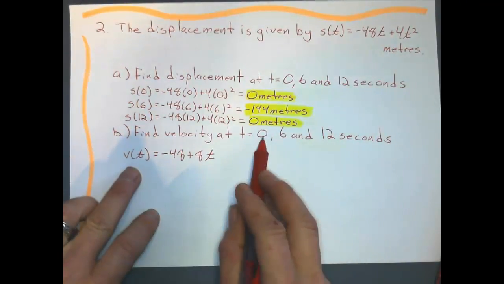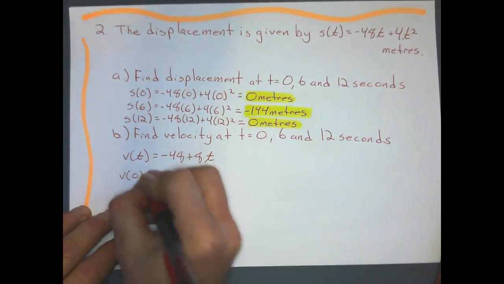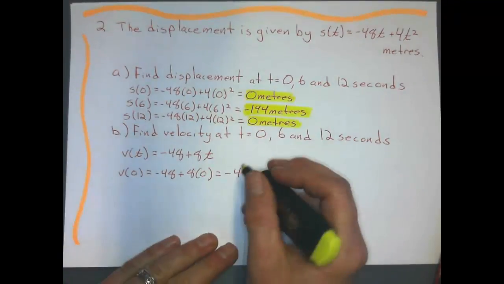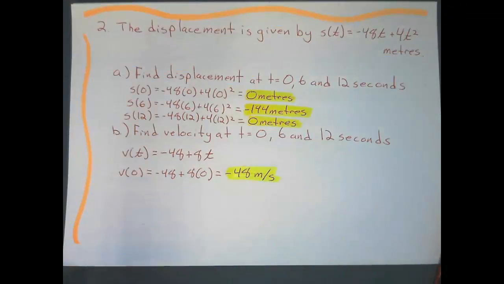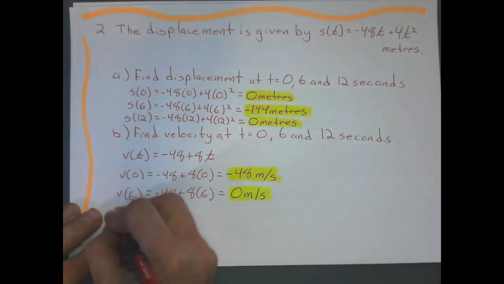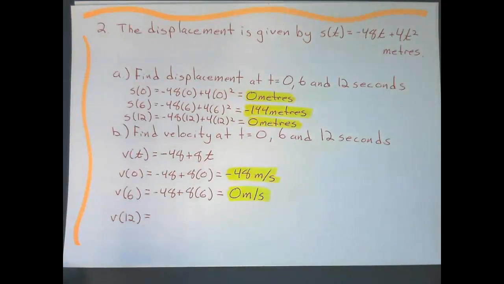And I just substitute each of these values in for that and find out what it is. V at 0, negative 48 meters per second. Remember what a negative velocity means. And finally, the velocity at 12 seconds, substituted into the velocity formula.